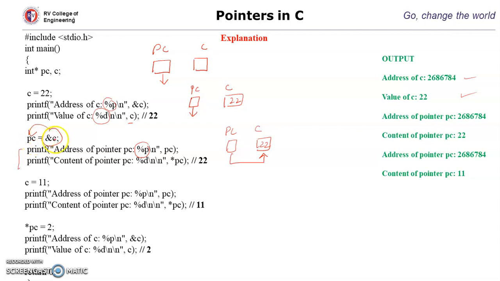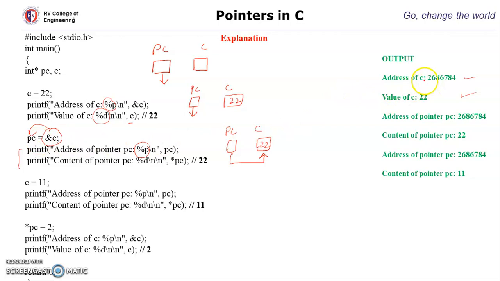So whatever the address of c is, if I just print pc, that address will be printed. But if I want to print the value stored at that address location, because pc is right now pointing to c, then I need to write *pc. So the first printf prints the content of pc, which is nothing but the address of c that was assigned to pc.